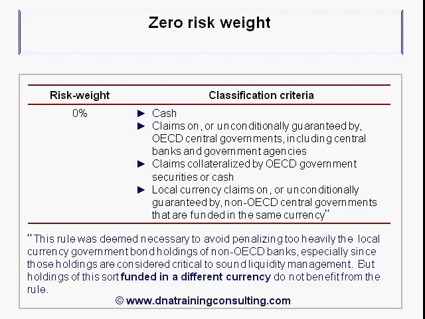This rule was deemed necessary to avoid penalizing too heavily the local currency bond holdings of non-OECD banks, especially since those government holdings are considered critical to sound liquidity management. But holdings of this kind funded in a different currency do not benefit from the rule.